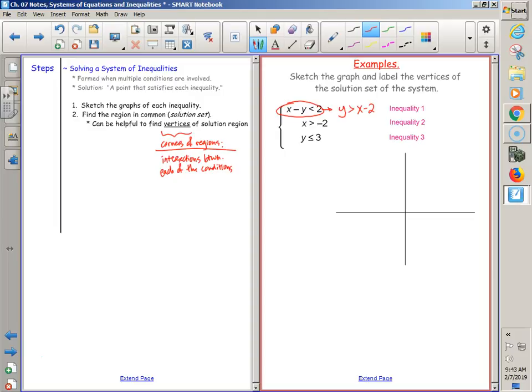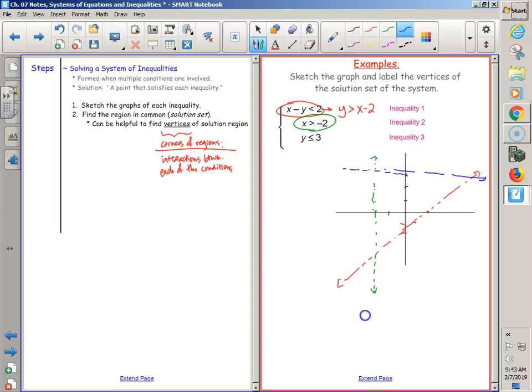Or you could subtract the x and divide by a negative, which flips the inequality and flips the two signs. When you graph this one, graph the negative 2 going up 1 over 1, with a dotted line for the first condition, and then graph x greater than negative 2 for the second condition, and shade y less than or equal to 3.